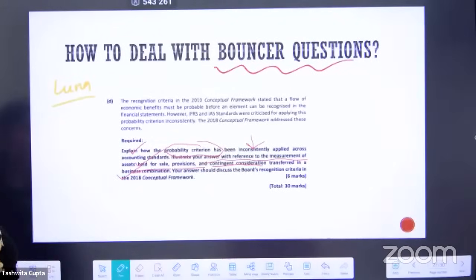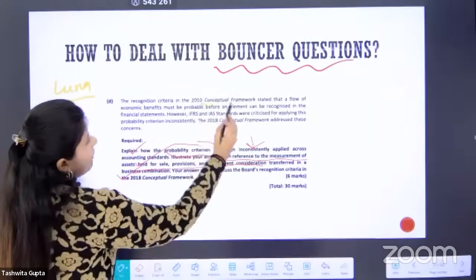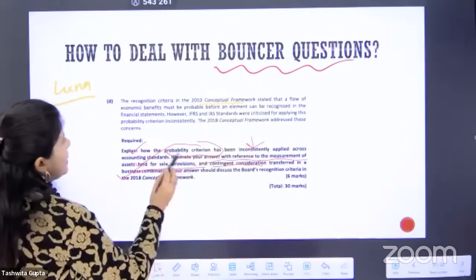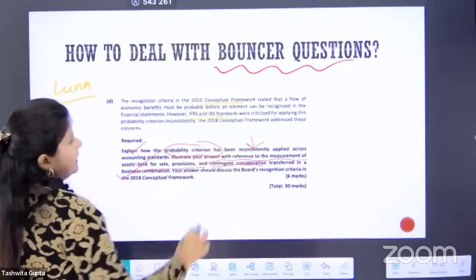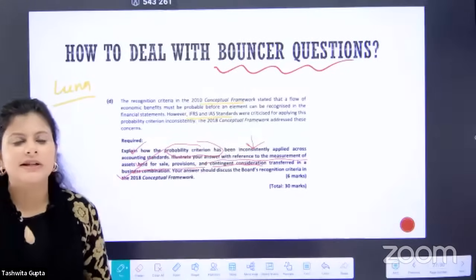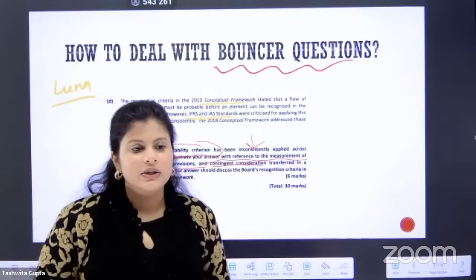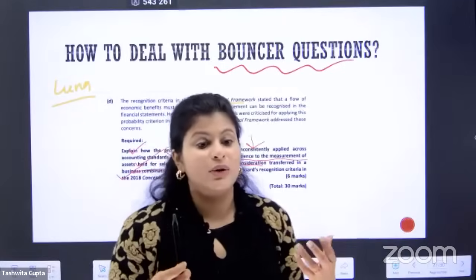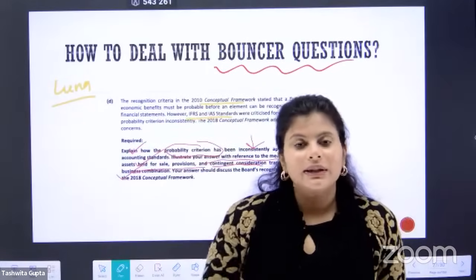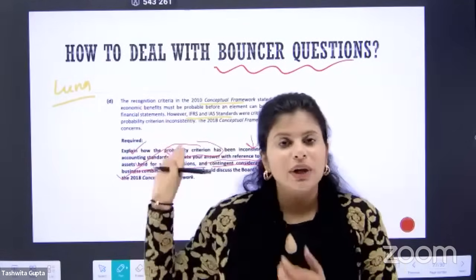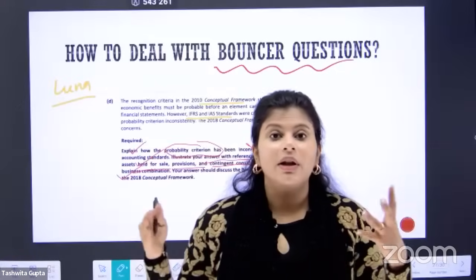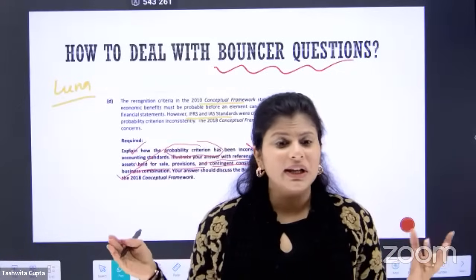This question is talking about the conceptual framework and its probability concept with some IFRS and IS, which still talk about probability. Since I have taught you this, you might think, no, ma'am, this is not a bouncer. But think about the students who did not know this and encountered such a question for the first time.